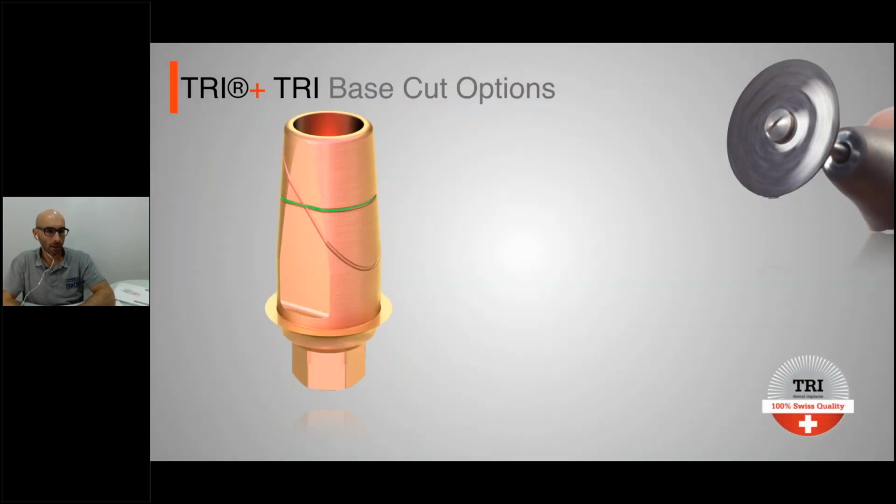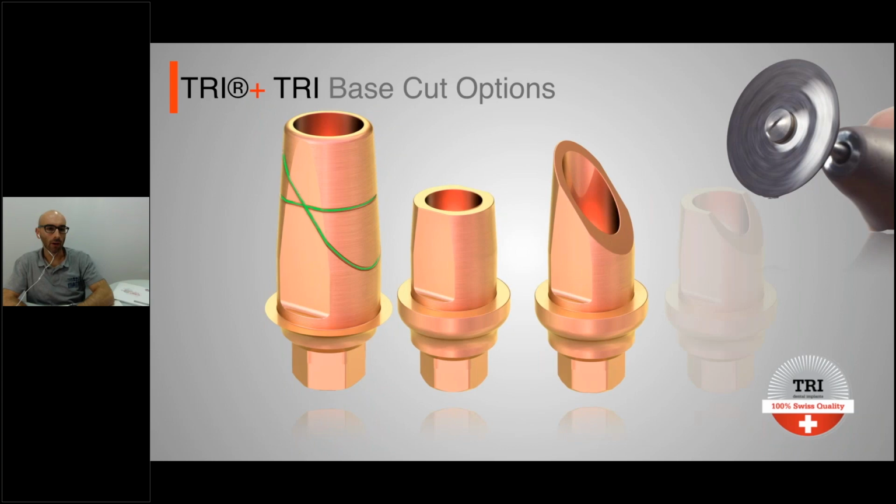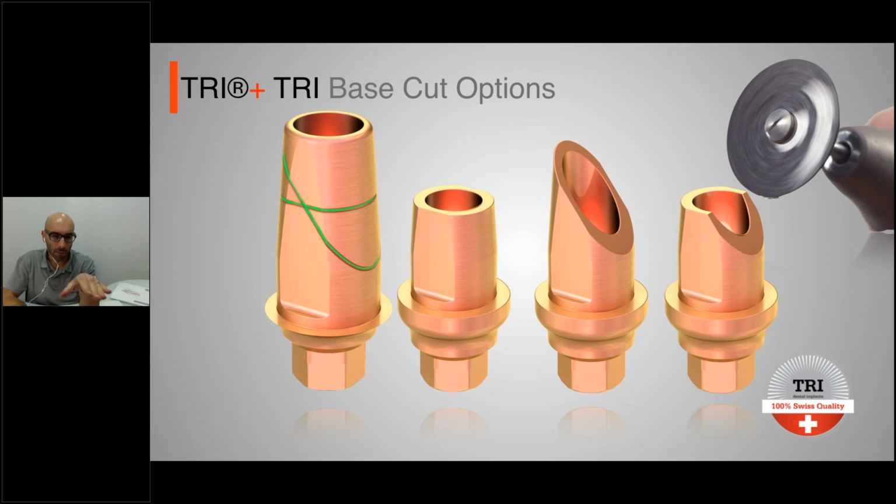So here is a sample of what we can do. As you can see, I think you can see in this image the surface with this micro retention. This is coming from the company. It's a machined surface. And on the left picture, you can see the green line. This green line shows you what the cut options are.